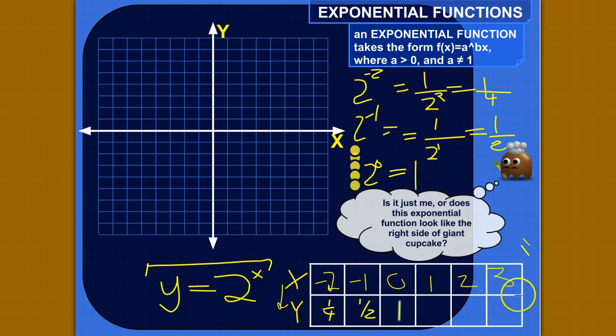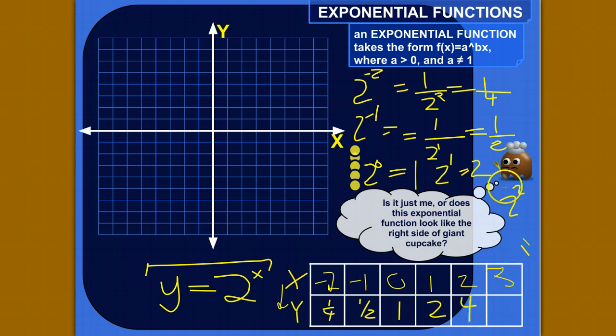Now let's plug in 1 for x. So 2 to the first is equal to 2. Now if we're plugging in 2 for x, our equation would be y equals 2 to the 2. So 2 squared is 4, 2 times 2.